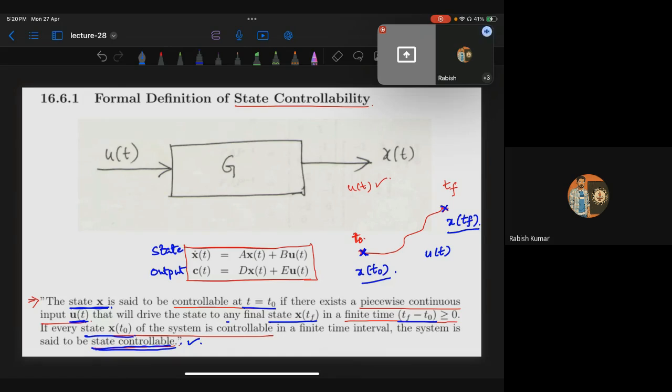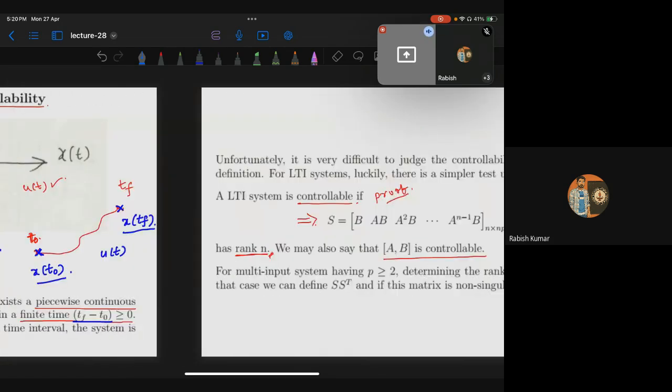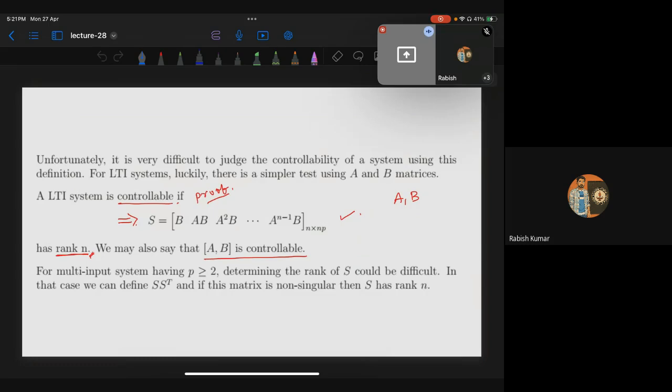So now, for the given x dot is equal to Ax plus Bu, this matrix is called the controllability matrix.